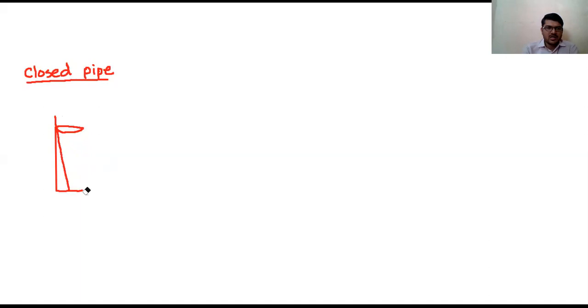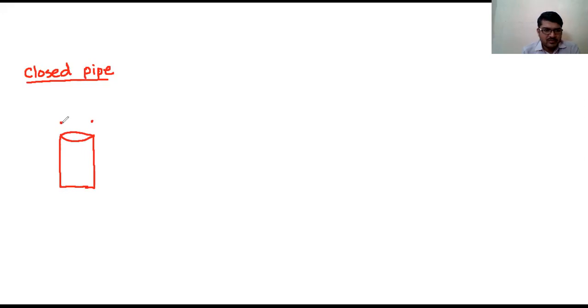Wait, I will draw again. This is a closed end, and this is the open end. And now here the antinode will form. How will the antinode form? Here, a little above the pipe's open end.